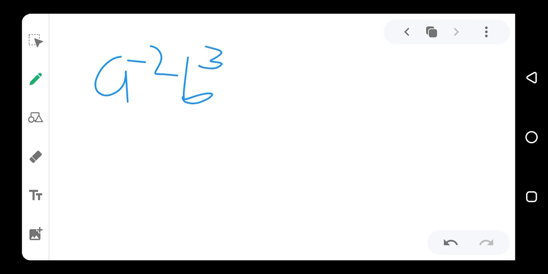Here we can see that this A has minus 2, but B does not have any minus. So here we are combining negative and positive. We are working with the one with negative and the one without negative. Now see how we are going to do it.